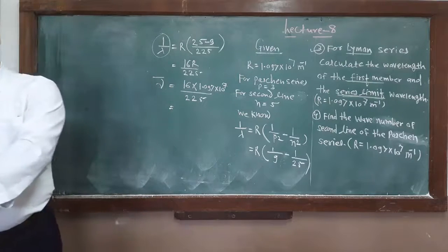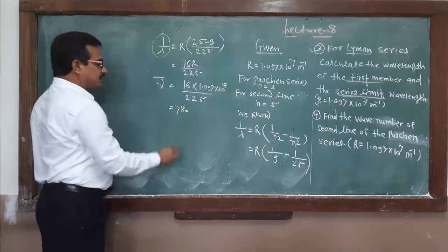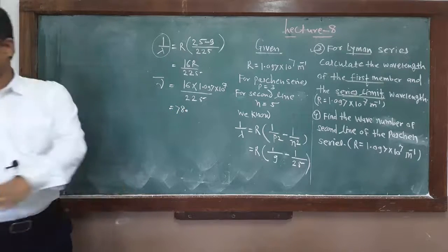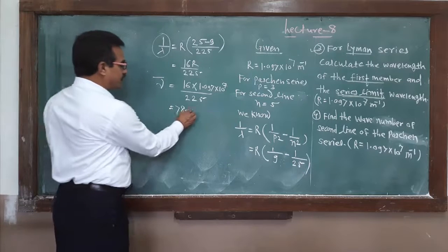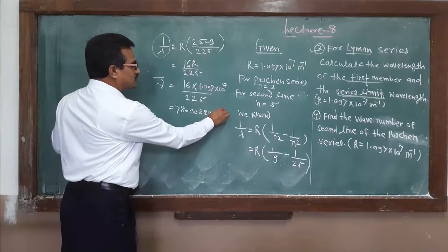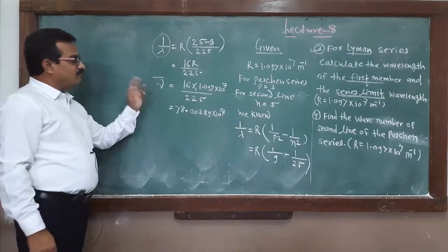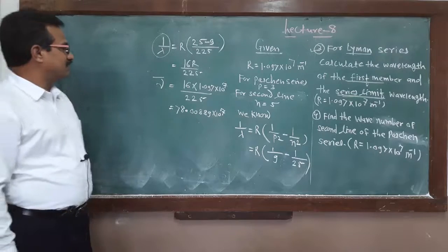After solving, that value comes out to be 78.00889 into 10 raised to 7. And this is actually the answer for the wave number 1 upon lambda.